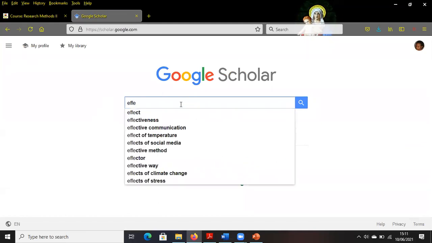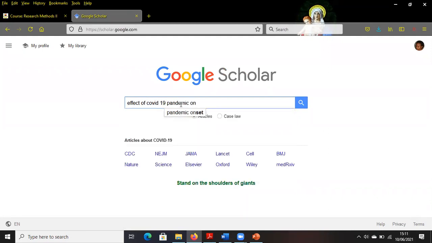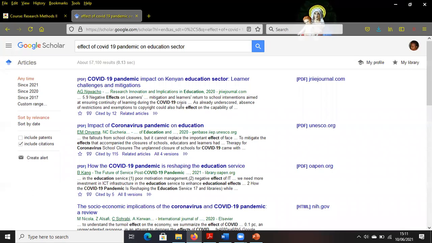Maybe we would say effect of COVID-19 pandemic on education sector. Something like that. And here we already see there's a writing, 2020, COVID-19 pandemic impact on Kenyan education sector.